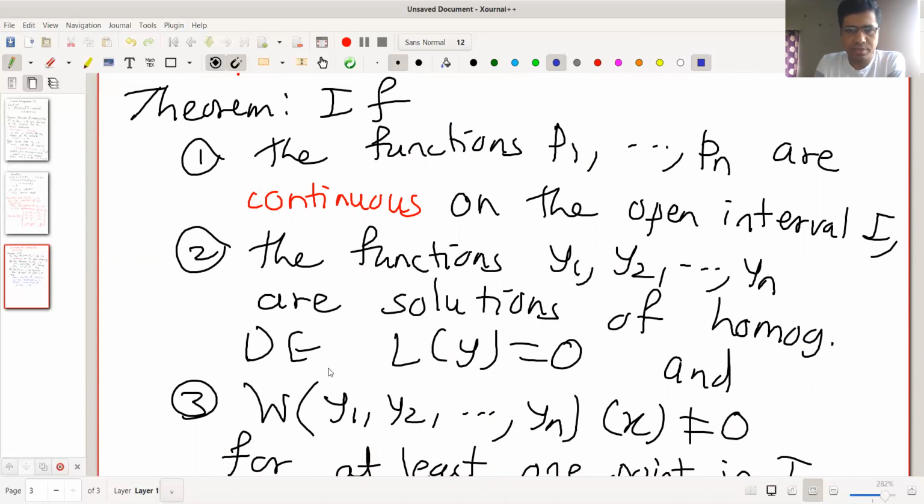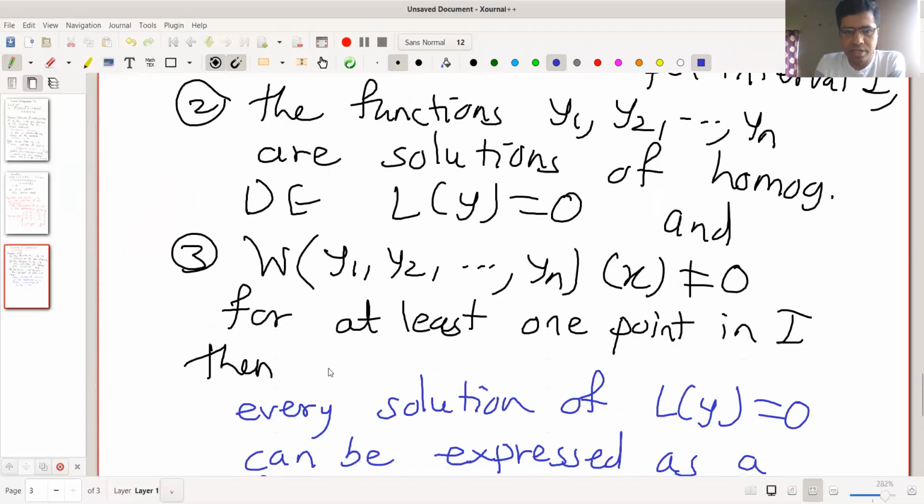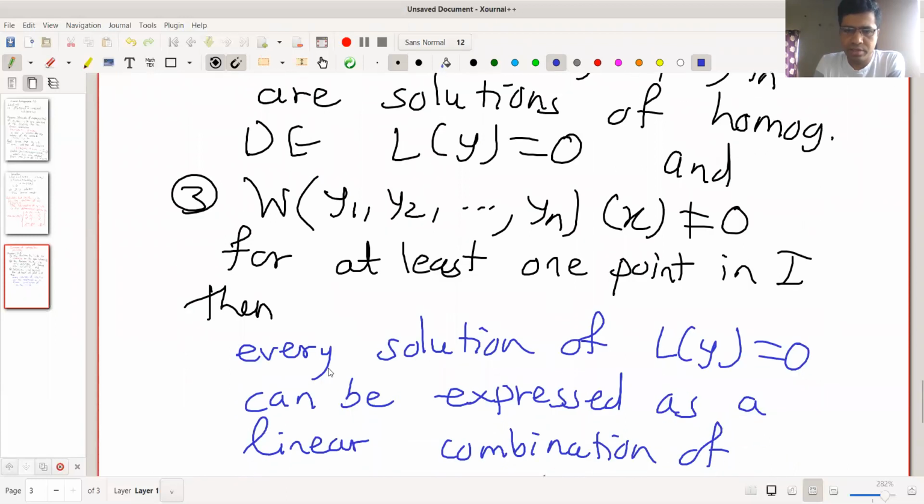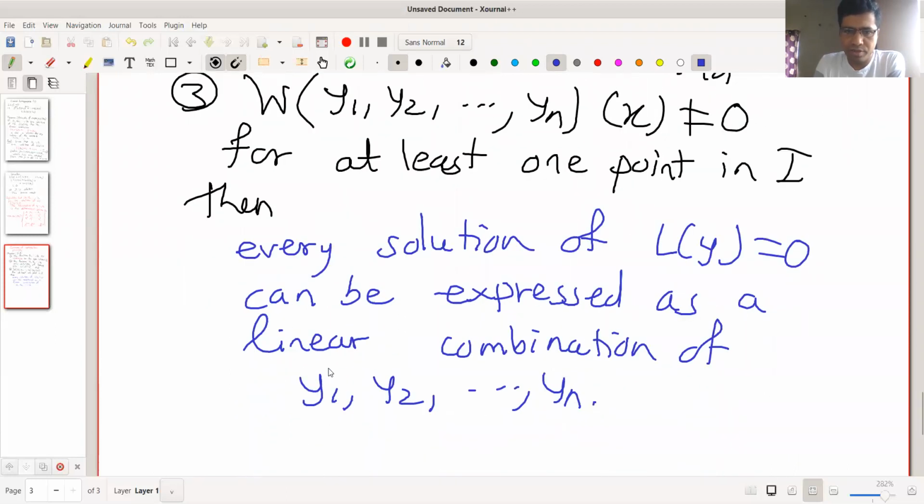Second thing is, these functions y1, y2, and so on should be solutions. And third is, the Wronskian of these solutions is non-zero. Okay, the important condition is Wronskian non-zero implies we can have any solution in terms of a linear combination of these solutions.